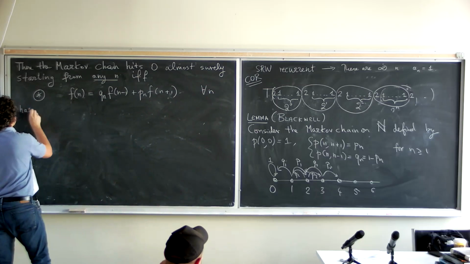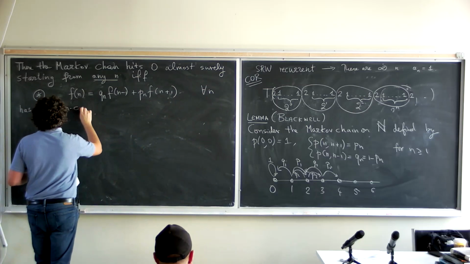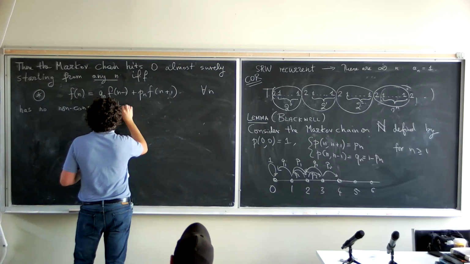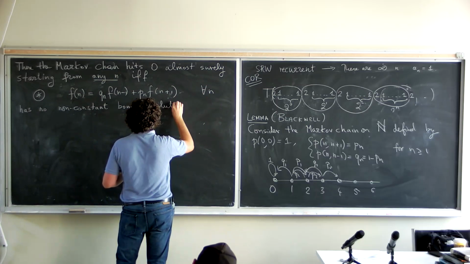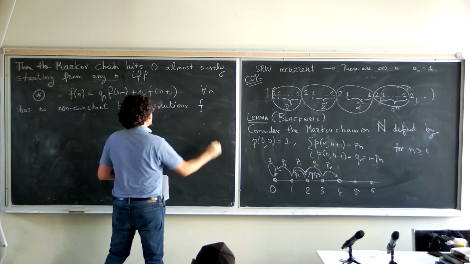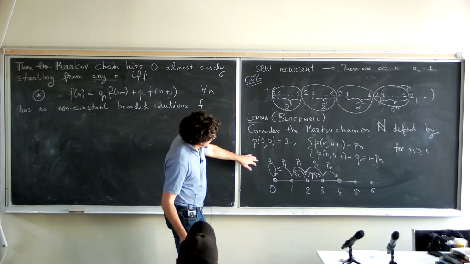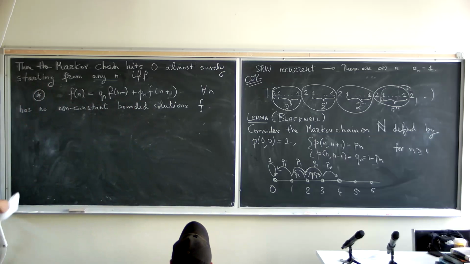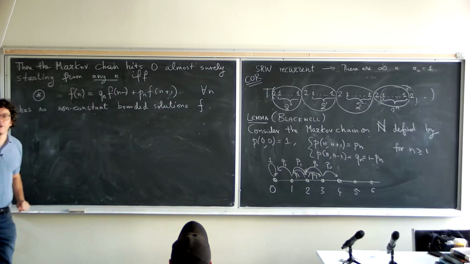So if this equation has no non-constant bounded solutions. So you see, we start with a random process, and here we come up with some sort of discrete differential equation, so to speak.